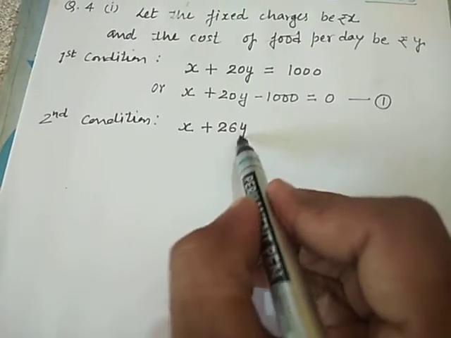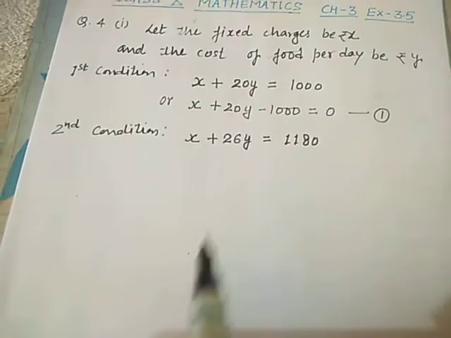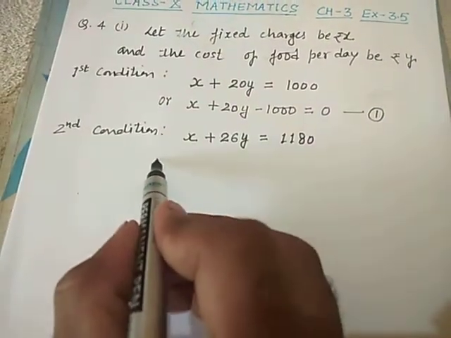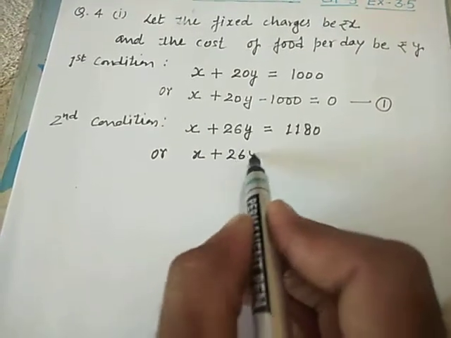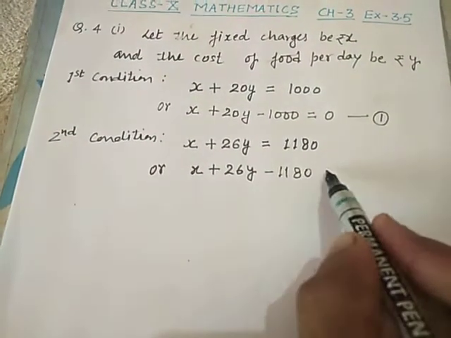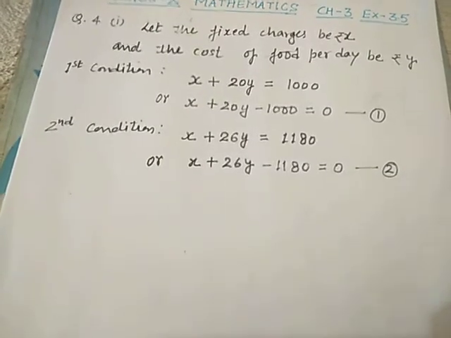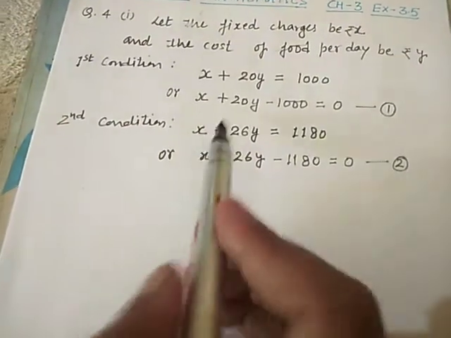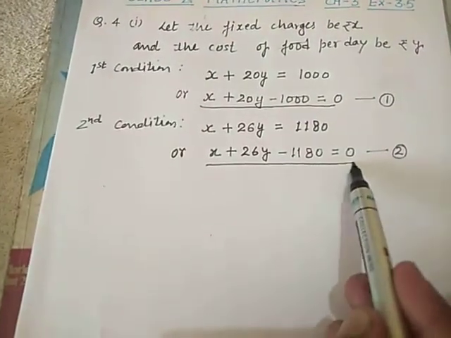So x plus 26y is equal to 1180, right? Or we can write it as x plus 26y minus 1180 is equal to 0, and it will be equation number 2. Now we have here a pair of equations, this one and this one.